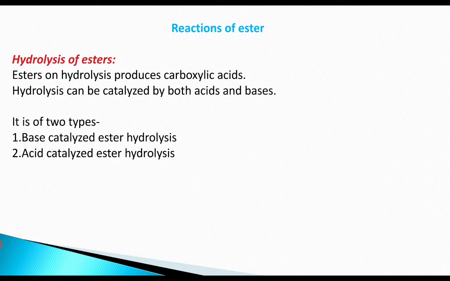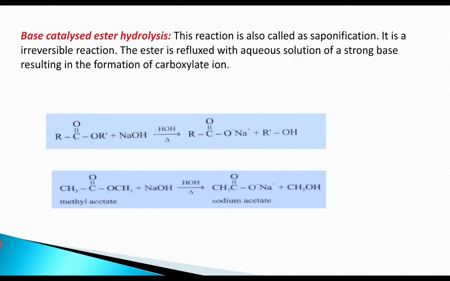Let us see what that is. Base catalyzed ester hydrolysis is also called saponification, that is, hydrolysis of esters in the presence of base is called saponification. It is an irreversible reaction.